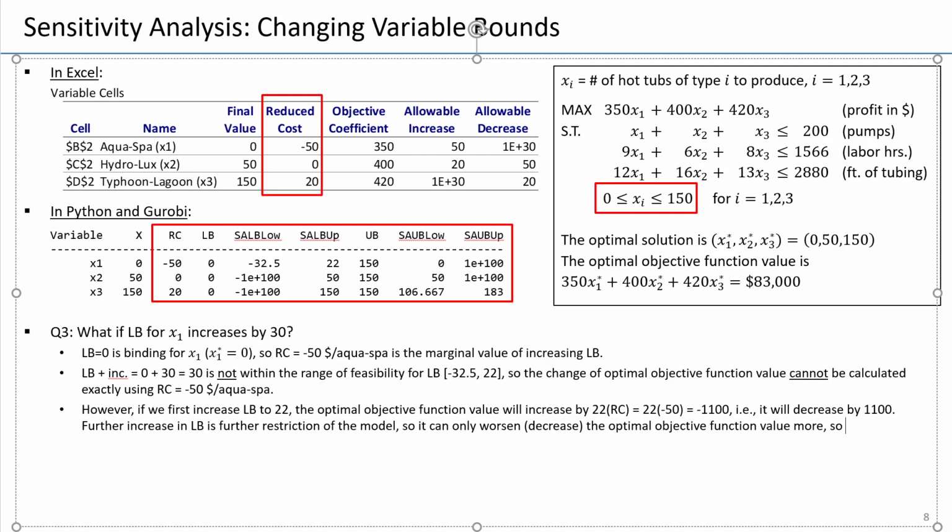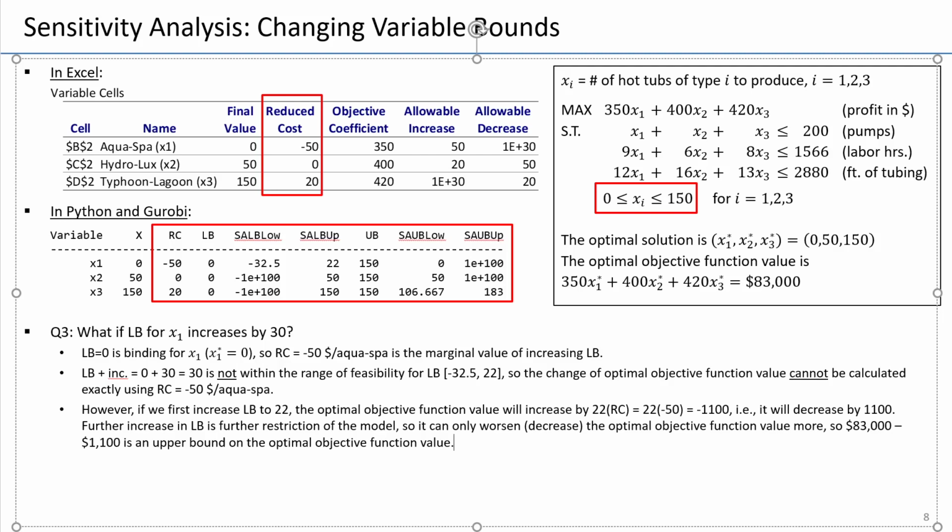So in that case, the 83,000 minus this 1,100 dollars that we calculated here, the decrease, is an upper bound on the optimal objective function value.